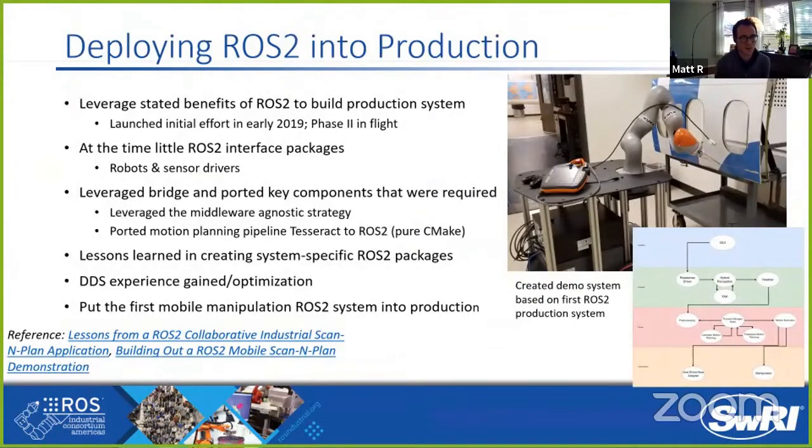Kat shared a little bit about our experience of ROS2 into production. I figured I would touch on it a little bit here. We did actually have that similar experience where we had to experiment with the RMW, and it was pretty painless, right? And so I included the text-based link here for those interested in understanding what we learned of creating specific ROS2 packages and how we leverage the bridge.